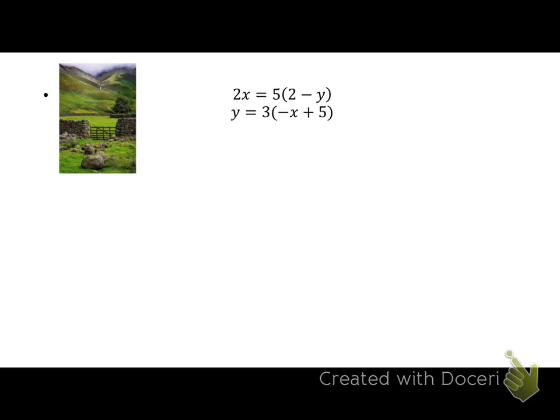Okay, so first step, are they lined up? Oh, lordy, no they're not. So let's go ahead and distribute. So we get 5 times 2 is 10. 5 times negative y is negative 5y. Got to distribute for this one too. 3 times negative x is negative 3x. 3 times 5 is 15.